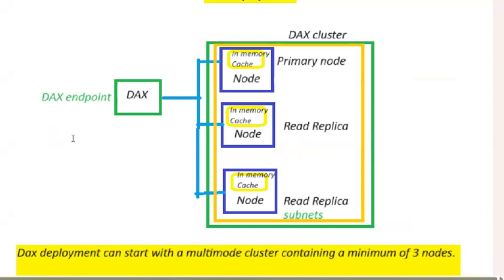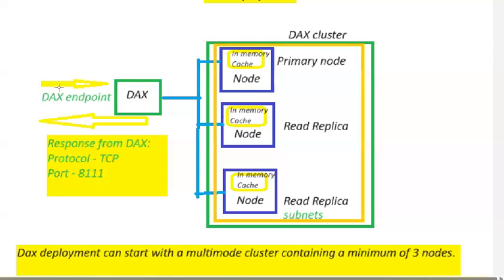By using the TCP protocol, and by using port number 8111, it sends the data out. So whenever receiving a request, it receives by using the DAX endpoint. Whenever sending the response, DAX sends by using the TCP protocol and port number 8111.